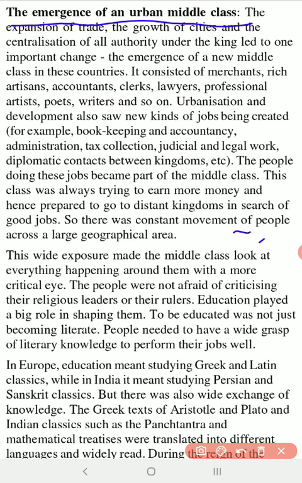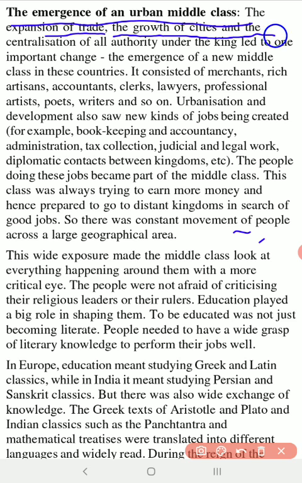So who are all these people who come under the middle class? Usually it was the traders, the businessmen, because they travel from one place to another. They establish their business centers. Okay, and then they also give enough opportunity for the towns or villages to grow.